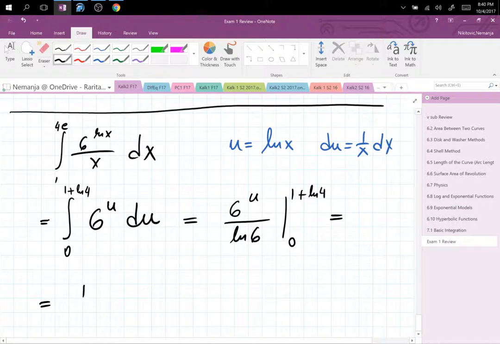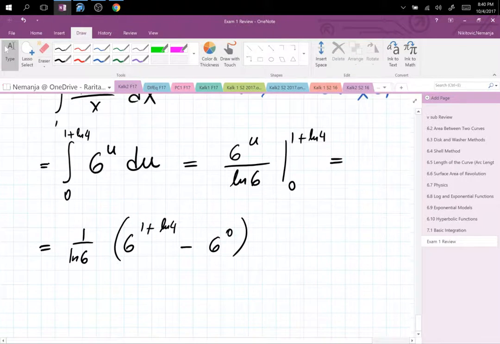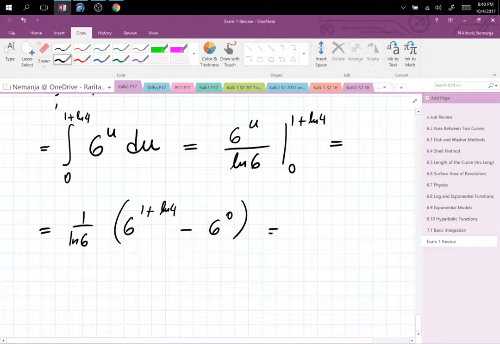I have 1 over ln 6 as a constant, and then I have 6 to the 1 plus ln 4 minus 6 to the 0. Now 6 to the 0 is 1, so you can't ignore it. Let's perform more witchcraft here.